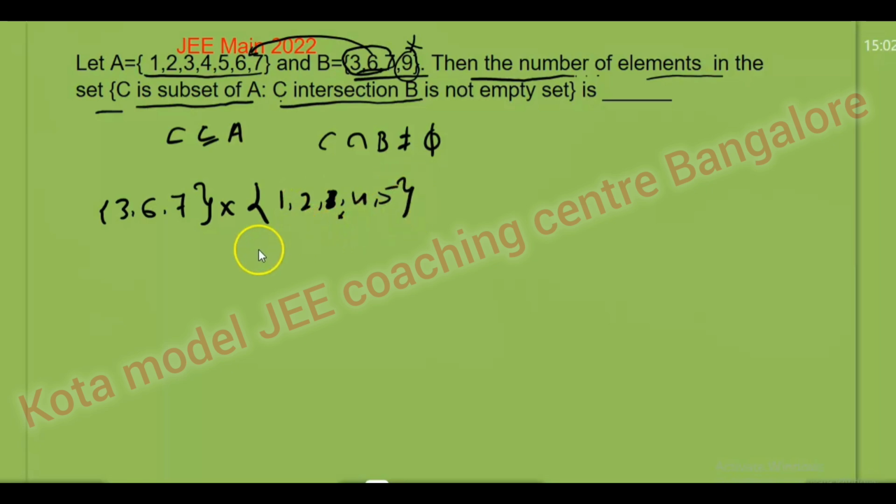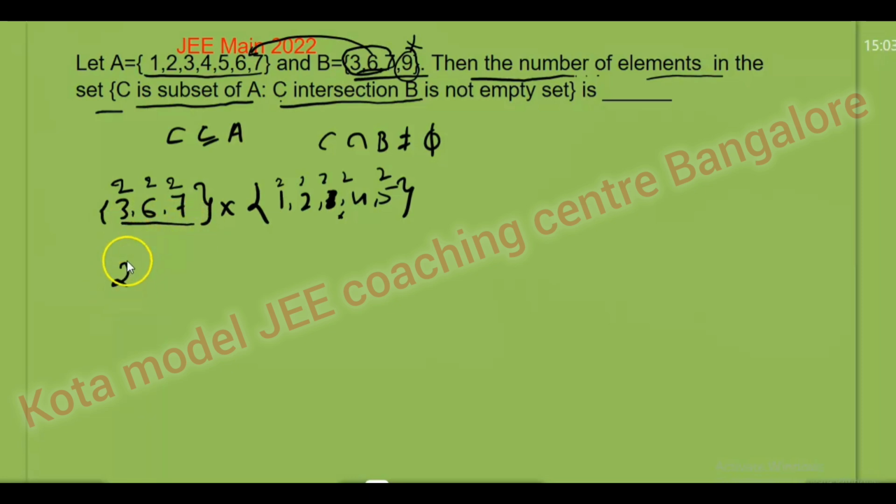The remaining elements in the set A are 1, 2, 4 and 5. For 3, there are 2 options: present or not. Same for 6 and 7. In the same way, all elements have 2 choices, but the condition is that C intersection B is not an empty set. That is why a minimum of one element from the common ones should be there in the set.